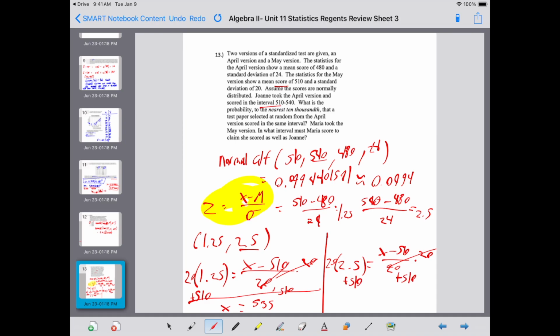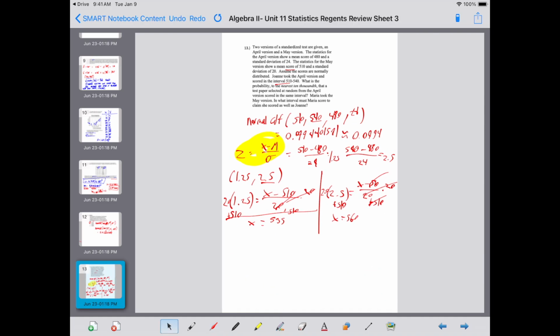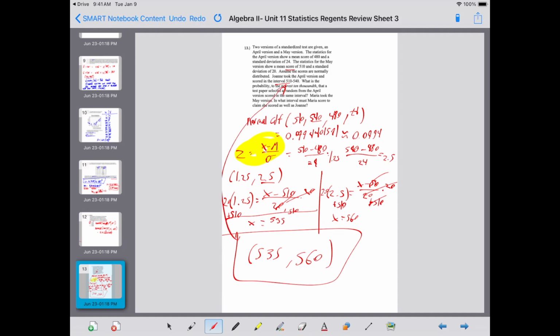Add 510. So 20 times 2.5 plus 510, you get 560. So on the May version, Maria must score a 535 to 560. That is equivalent to getting a 510 to a 540 on the April version.